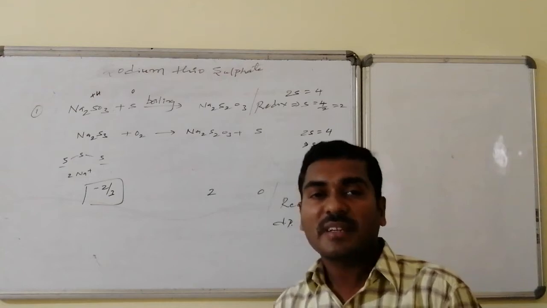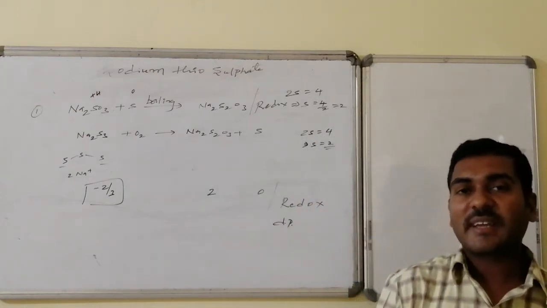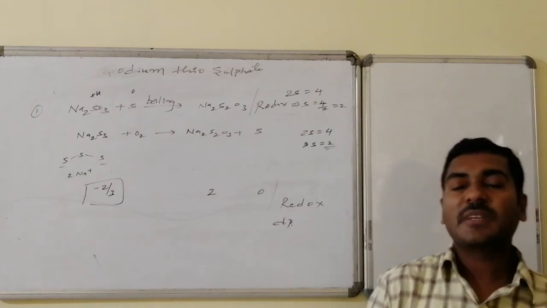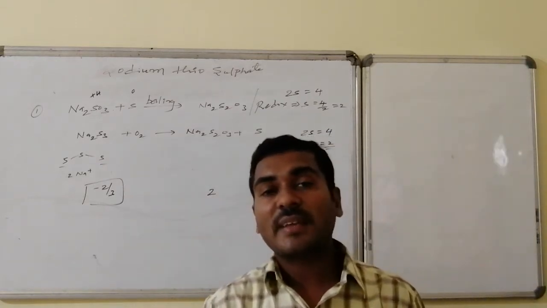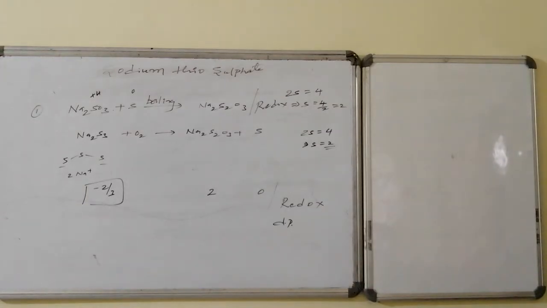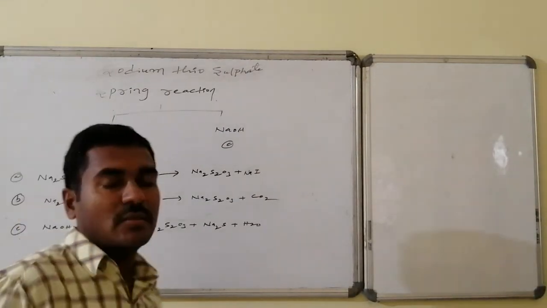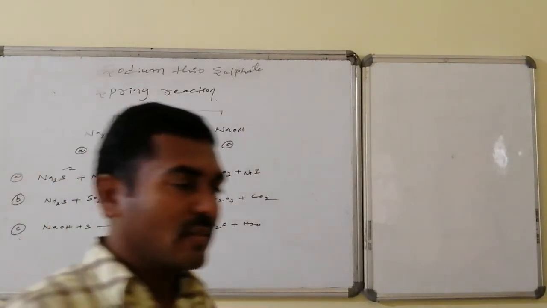There is another special reaction for the preparation of sodium thiosulfate, which is very famous and known as the Spring reaction. From the Spring reactions, we can prepare sodium thiosulfate.